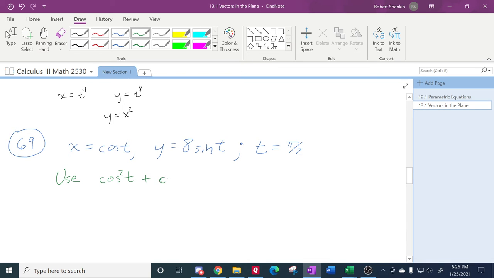The trick is, how do you get to this from this? Well, this one is simply x squared. This one is y over 8 squared. And voila, we have the Cartesian equation.